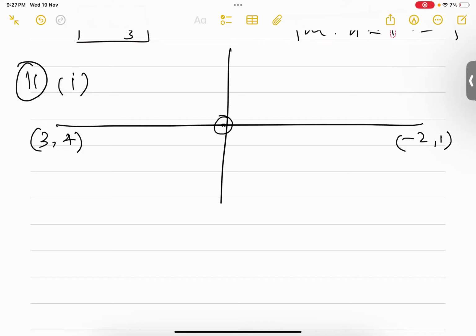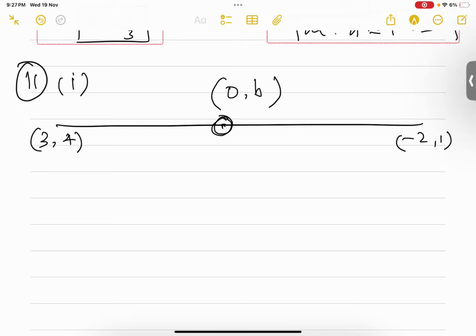So the y-axis is passing like this somewhere. So this point is on the y-axis. Since it is on the y-axis, the x coordinate is 0. I'm taking the y coordinate as b.